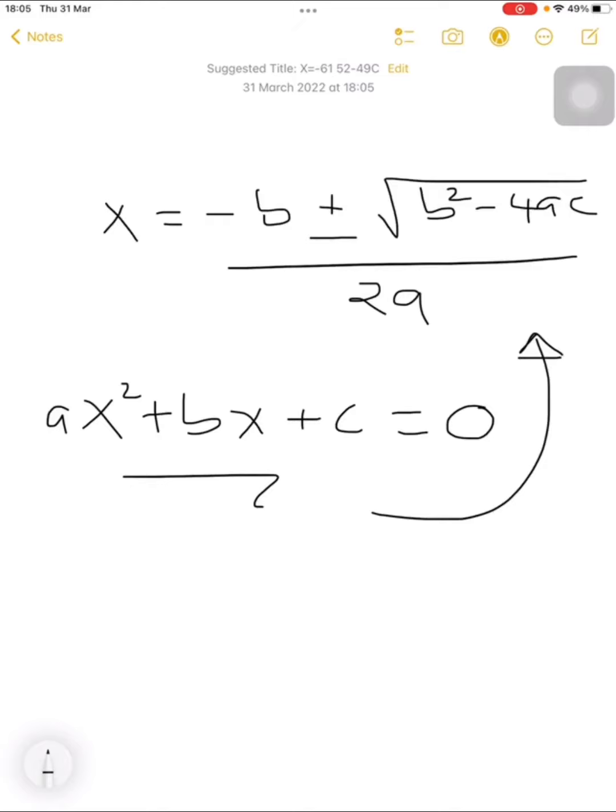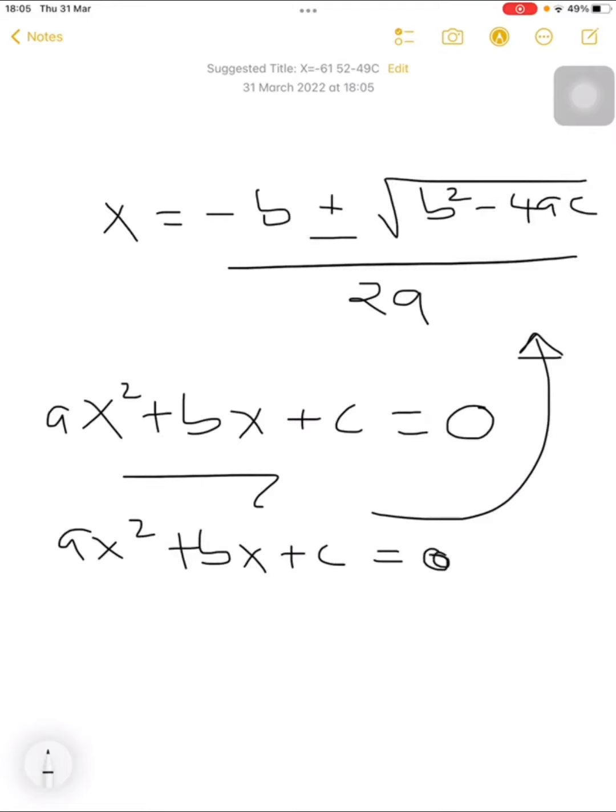So to derive the quadratic formula, or rather to solve for the value of x from the quadratic equation by the use of completing the square method, this is how you go about it. We have ax squared plus bx plus c is equal to 0.